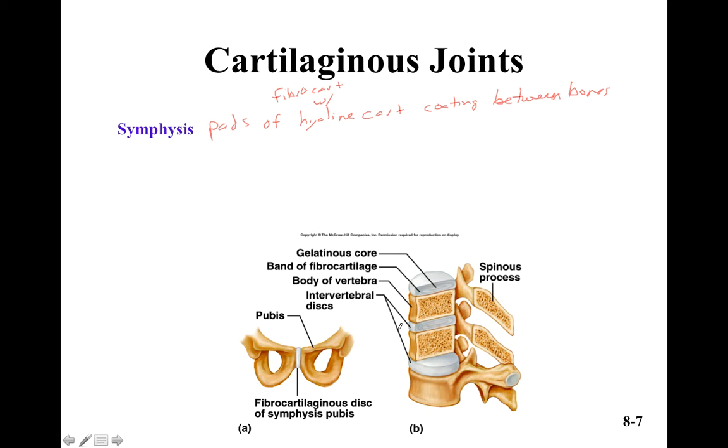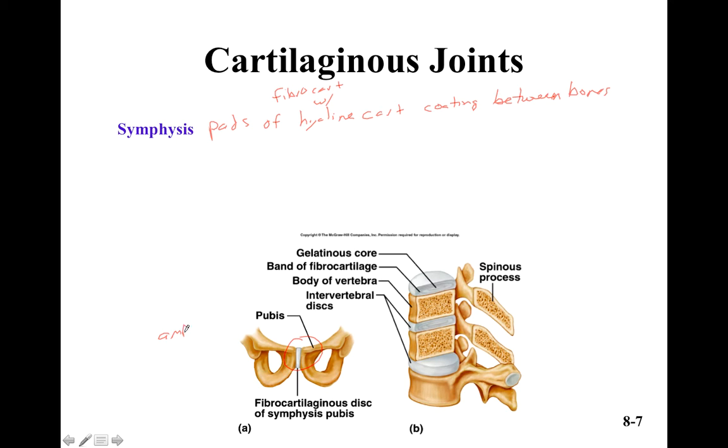The symphysis pubis joint here is between the two pubic bones. It's an amphiarthrotic joint.